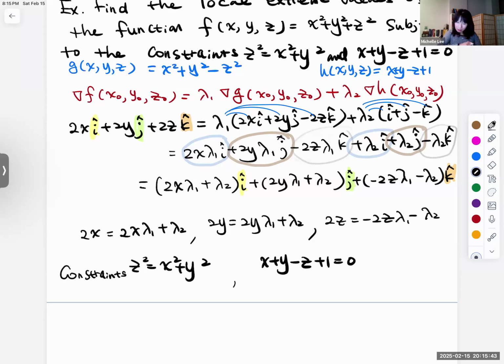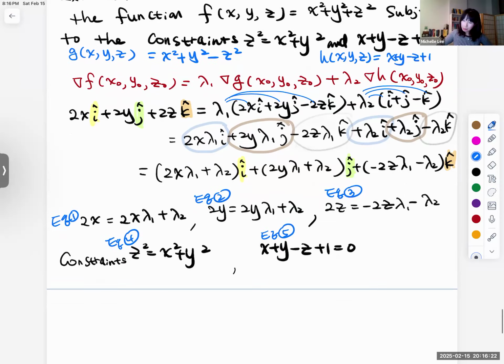So let's label equations 1, 2, 3, 4, 5. Equation number 1, equation number 2, equation number 3, equation number 4. Actually, this is from the constraint, right? So it's a little bit different, but just a label for us, okay?